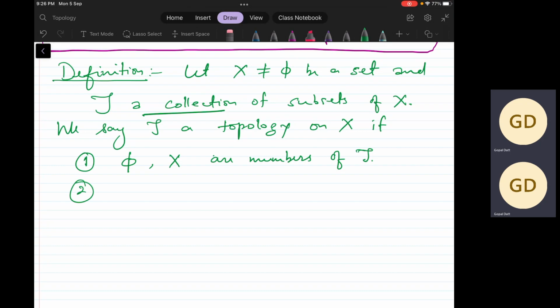Secondly, suppose U and V are two members of tau, then their intersection is again in tau.